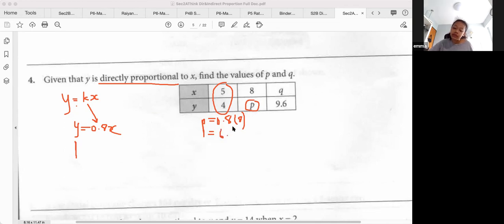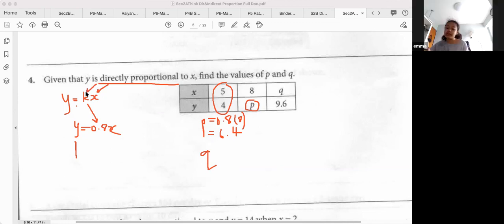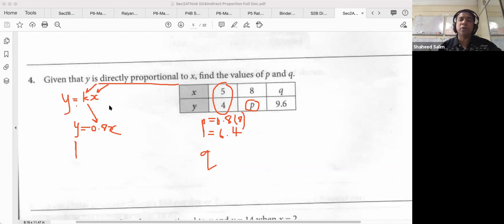6.4. Can you try now to find the value of Q? Q is the value of X. You can substitute inside here. You know the value of K. Sorry, Q is the value of X. You've got to rearrange this to find X equals to what over what, or what times what.